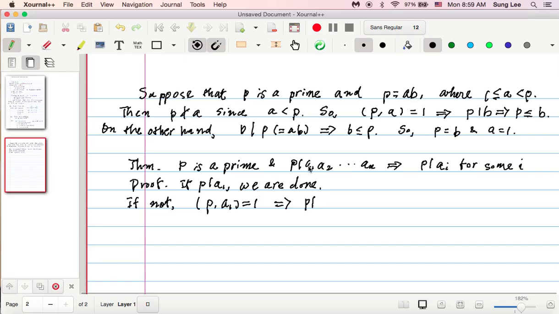So this can be regarded as the product of two integers, a1 times the other integer, a2 all the way to a sub n. So now P must divide this number here, a2 dot dot dot a sub n.